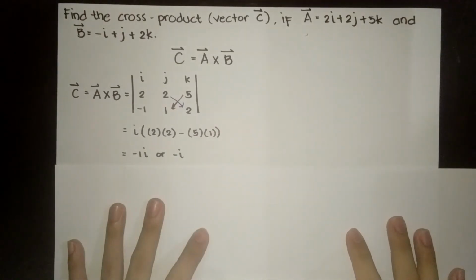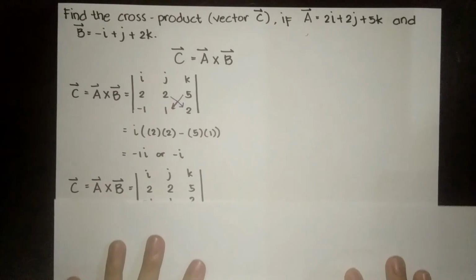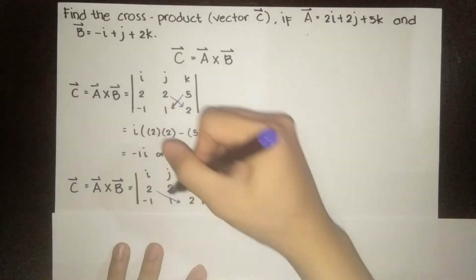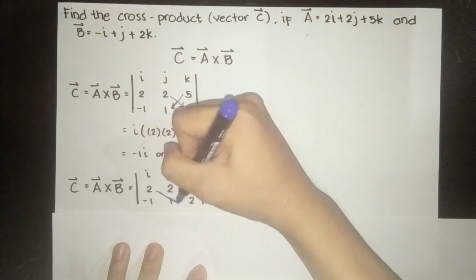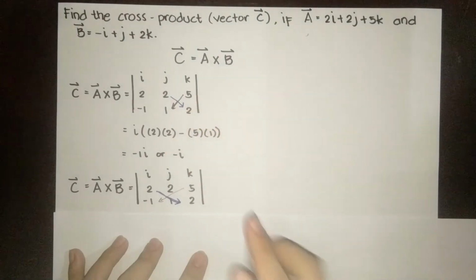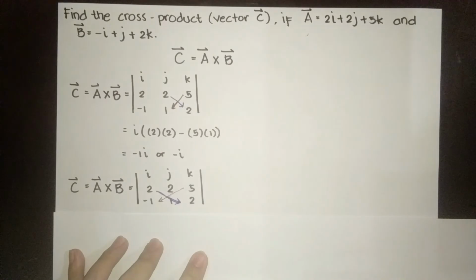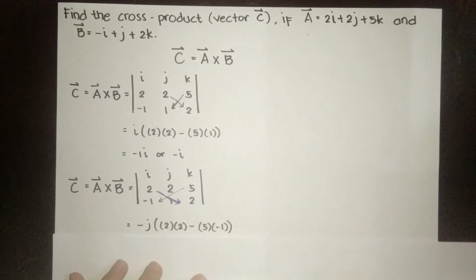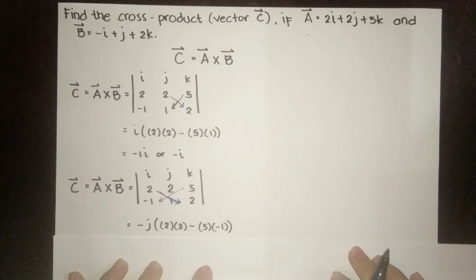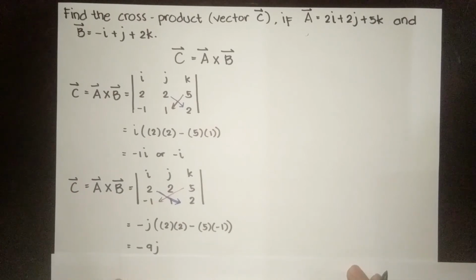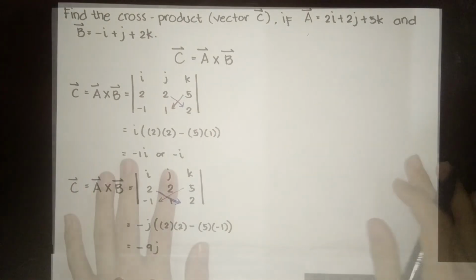And now, let's find the components of j. Get the product of the second row of i and the third row of k, minus the product of the second row of k and the third row of i. And that gives us negative j times the product of 2 times 2 minus the product of 5 times negative 1, which is equal to negative 9j.